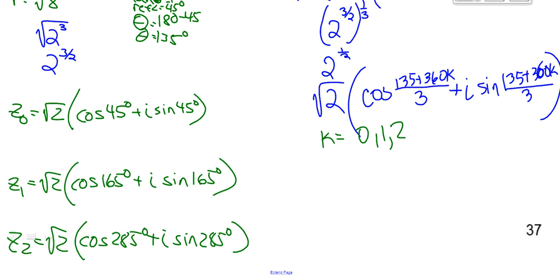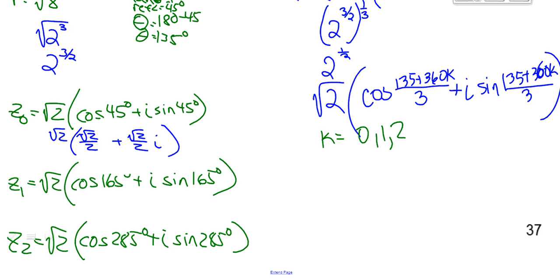But this first one we can do. What is the cosine and sine of 45? They're the same, right? Square root of 2 over 2. So I'm going to take the square root of 2 times the square root of 2 over 2 plus the square root of 2 over 2 i.